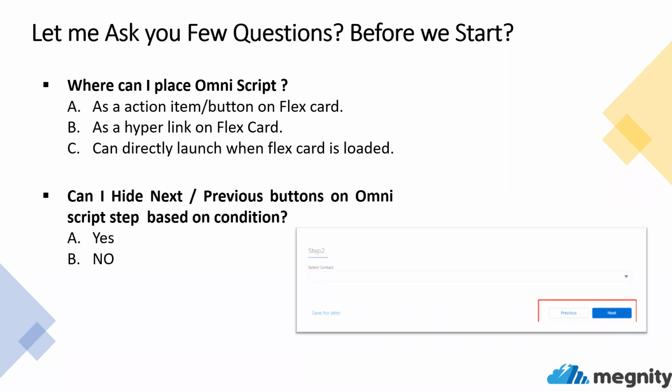But on a condition basis, you can't hide and show the previous and next buttons. I know there is an option for next and previous buttons to be hidden, but that is only permanent. You need to go for custom solutions to do that. Thank you.